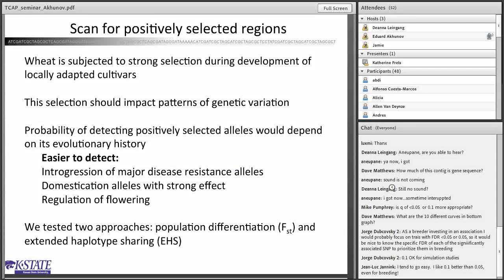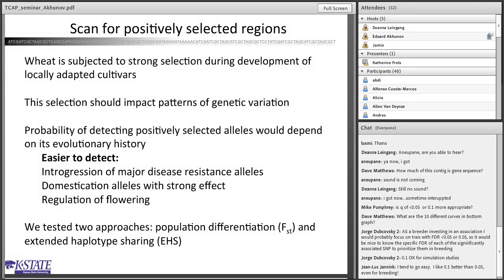And then, just in the end of my talk, I would like to talk a little bit about the usage of population genetic approaches that can be applied for exploring the distribution of genetic variation in a diverse panel of cultivars.